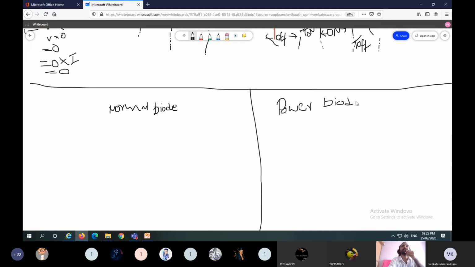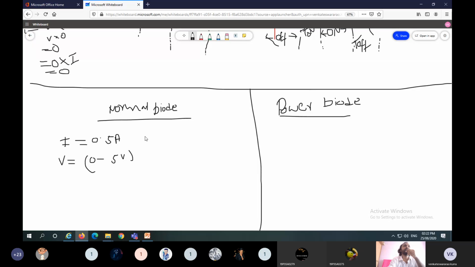If you take the ratings of a normal conventional diode, the current rating will be some 0.5 amps. This is the maximum current carrying capacity of the normal diode. Coming to voltage rating, it will be some 5 volts.